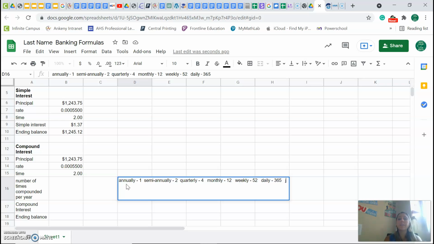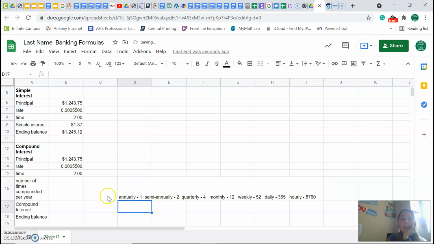And we'll put hourly. If it's compounded hourly, then that is happening 8,760 times a year. Okay, so that's our little cheat sheet. So let's say in our problem that it's being compounded semi-annually. So I'm going to type in the number 2 and then hit enter.